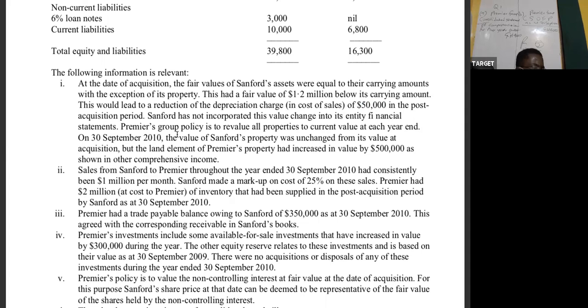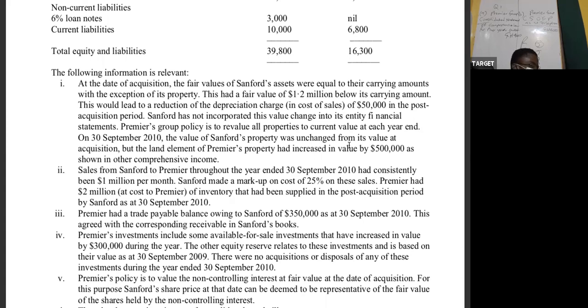Premier's policy is to revalue all properties to current value at each year end. On 30th September 2010, the value of Stamford property was unchanged from its value at acquisition, but the land element of Premier's property had increased in value by 500,000, as shown in the other comprehensive income.